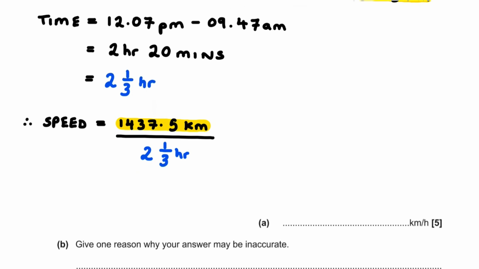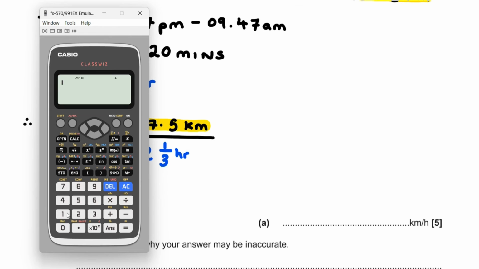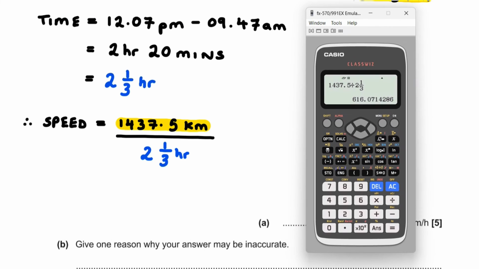So if I work this out, I've got 1437.5 divided by 2 1/3, and it turns out we get a speed of 616.07 etc. kilometers per hour.